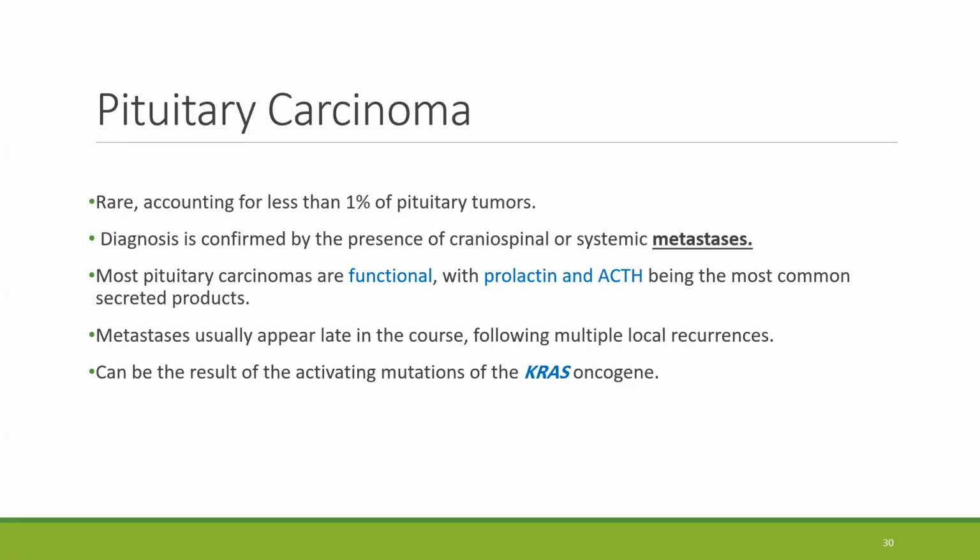Remember the gene that we said we can find in pituitary carcinoma, which is KRAS. Sometimes it shows the KRAS mutation. It's not enough to see invasion into the adjacent organ to say this is pituitary carcinoma. We need to see metastasis, either to craniospinal tissue or distant metastasis.